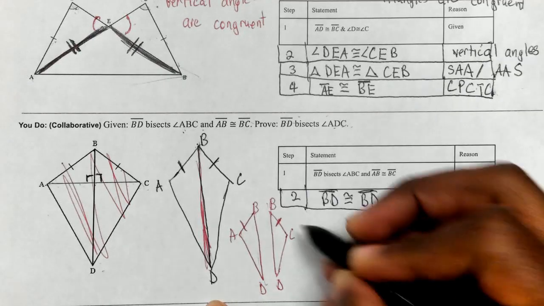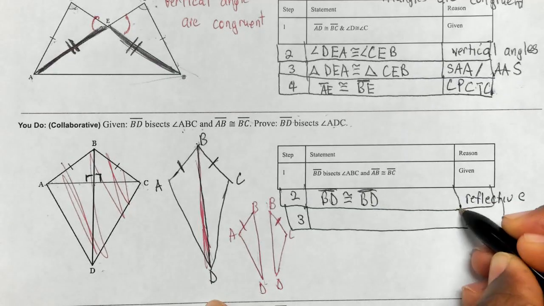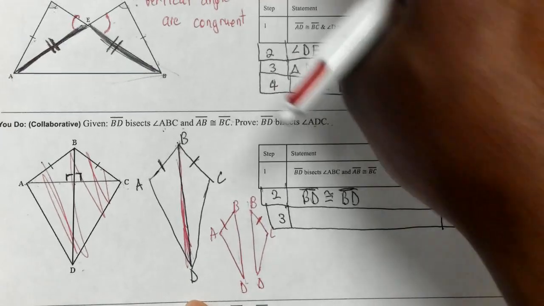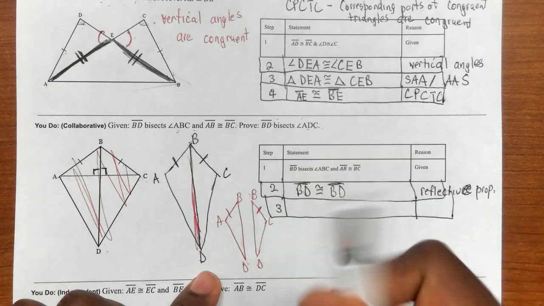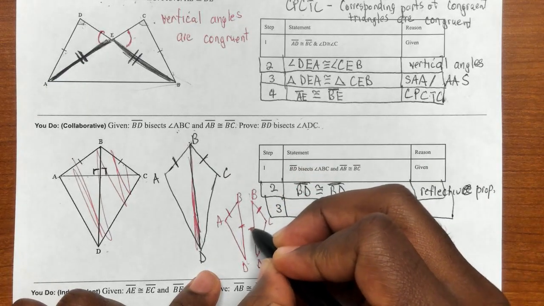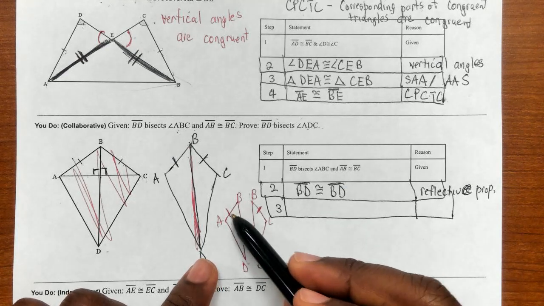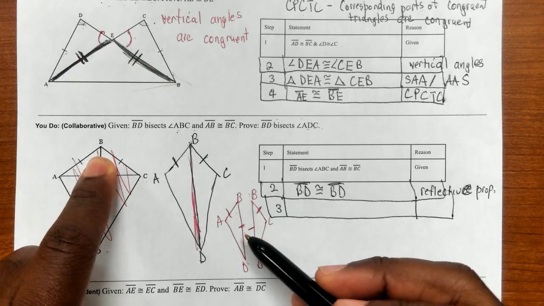So then the third one would be, because these are the same line, these two lines are cut by a bisector.